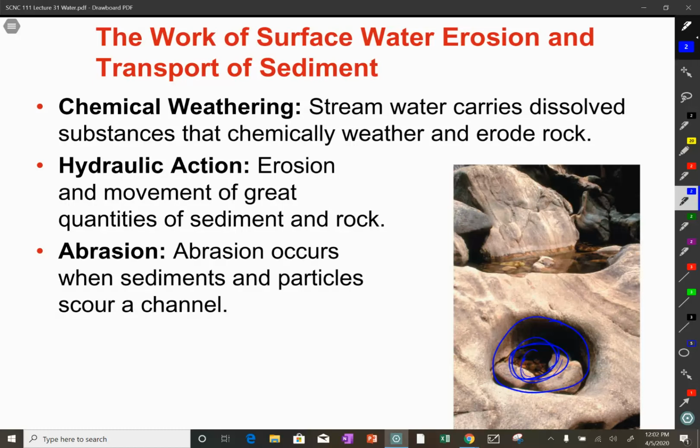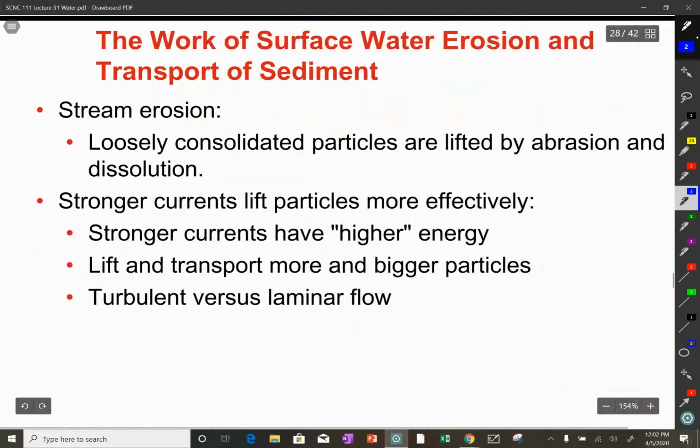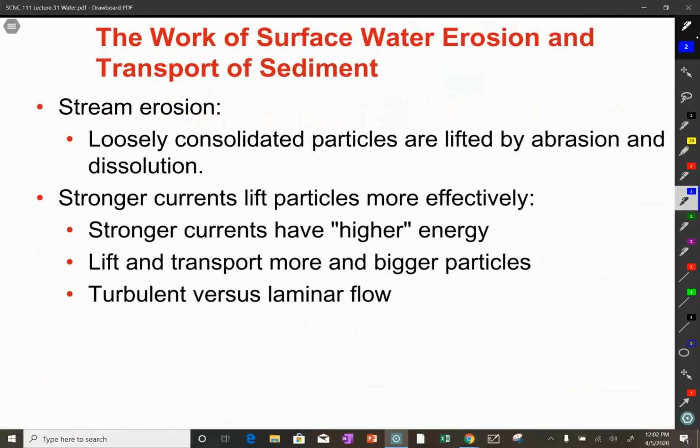Now, of course, if it was already sand or soil, the water can pick it up much more easily. So in stream erosion, loosely consolidated particles, that is, things that aren't tightly packed, are lifted by abrasion and dissolution, and then they're carried.